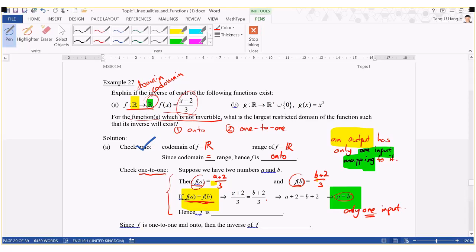So if you can show this piece of working, if you can start with f(a) equals f(b), argue your way through or simplify your way to a equals b, then f is 1-to-1. If you can't do this simplification, it means that f is not 1-to-1.